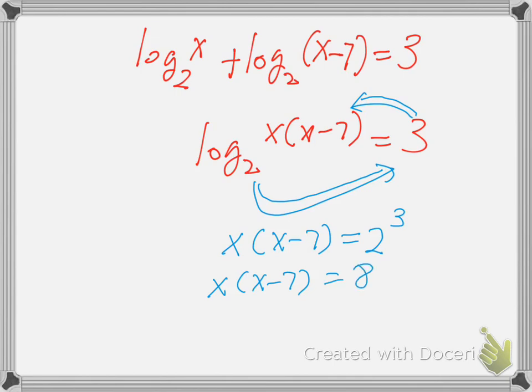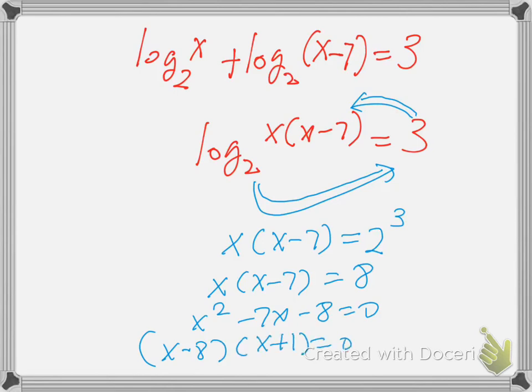Solve this quadratic equation. We get two solutions: x squared minus 7x minus 8 is 0, so (x minus 8) times (x plus 1) is 0. Two solutions: x is 8 or x is negative 1. After you get these two solutions, you have to check them.